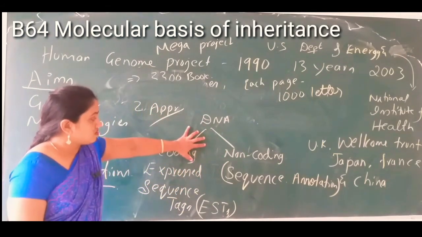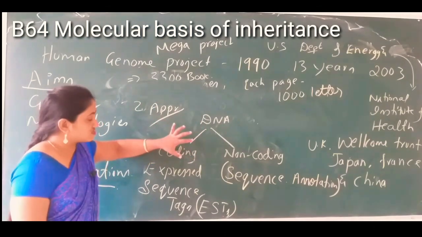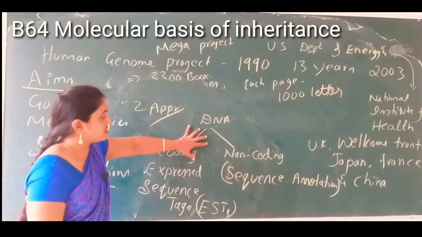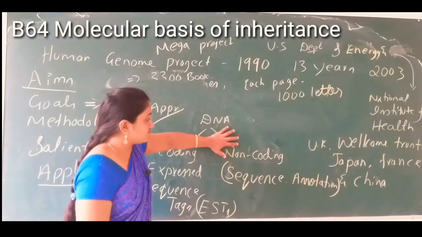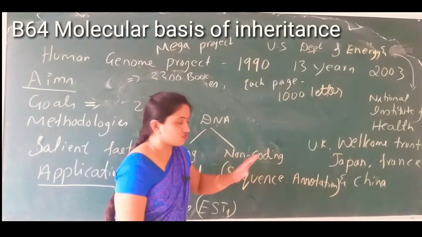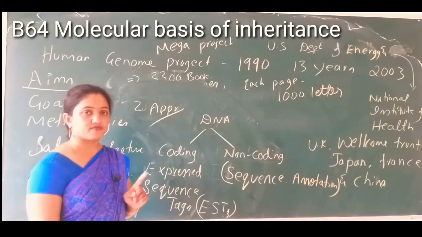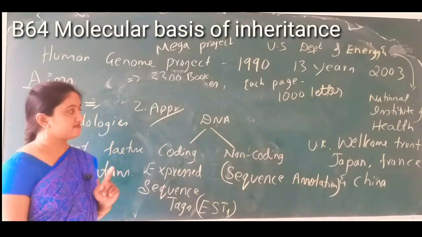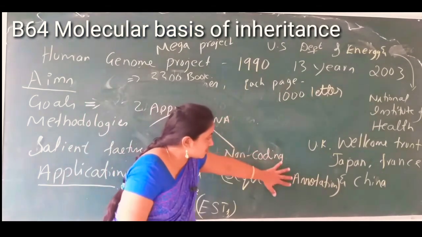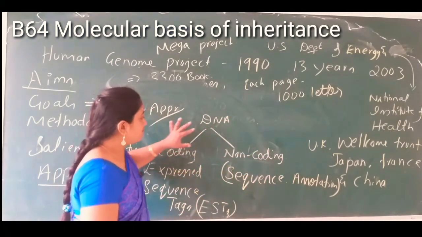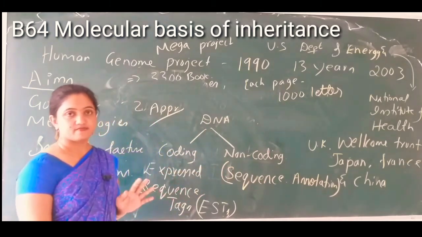One approach is to determine only the coding strand, and leave the non-coding strand. One more approach came, that is to find out all the base sequences of both the strands.